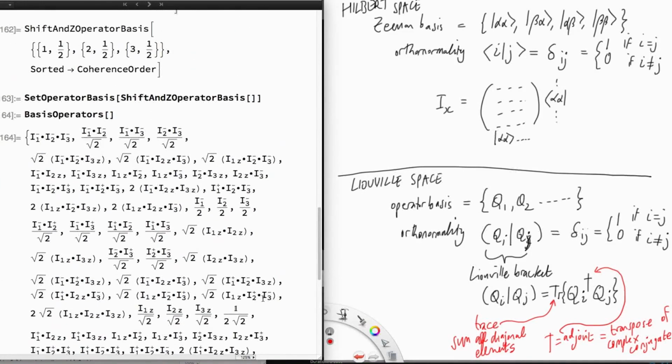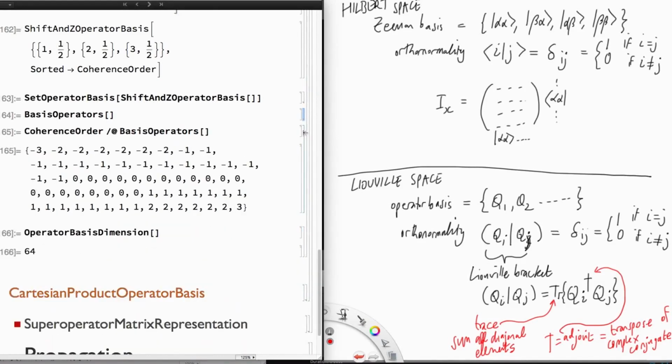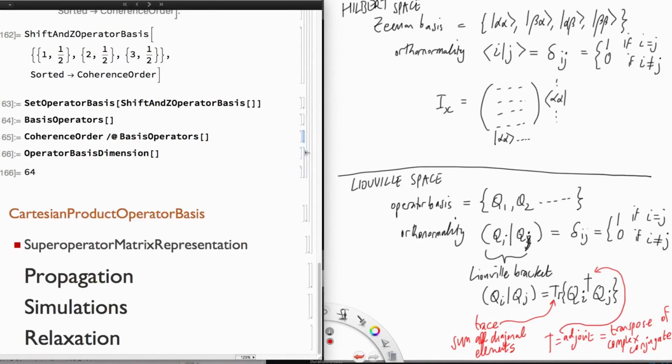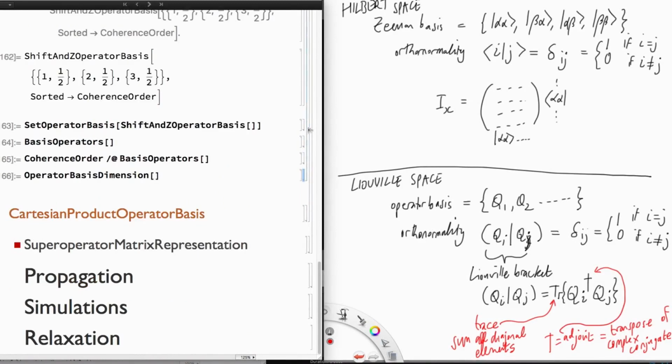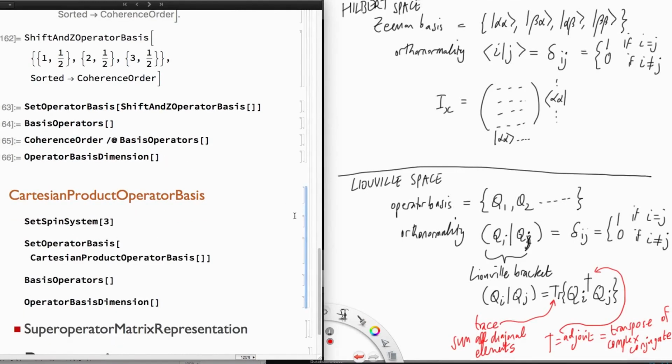So again, SpinDynamica forms the Liouville space by default here using the shift and Z operator basis. But SpinDynamica actually allows you to use many different forms of operator bases, including ones you can define yourself. But another very common one is the basis of Cartesian product operators.